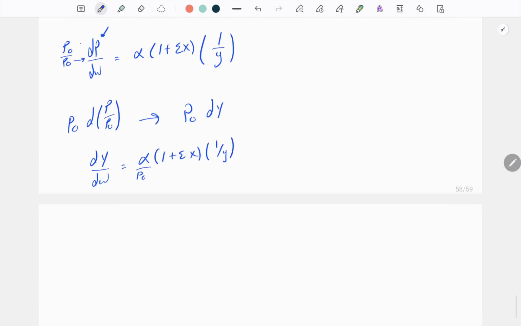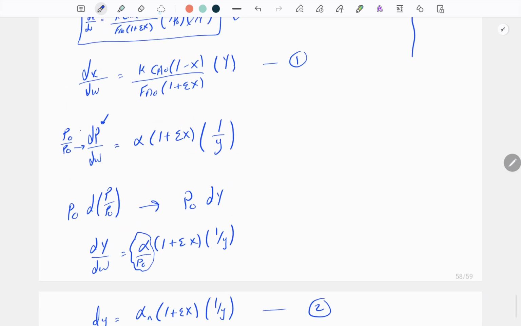Therefore dy over dW equals, we'll call this alpha nu since P naught is a constant, alpha nu times 1 plus epsilon x times 1 over y. Okay, and that is your second equation.